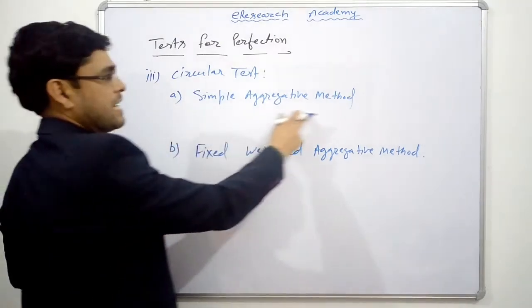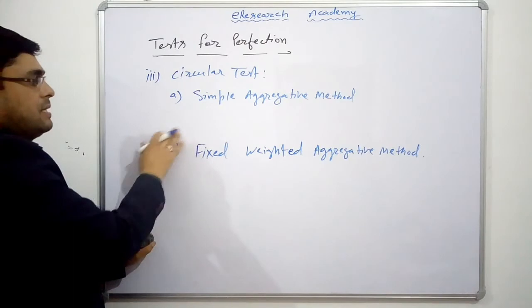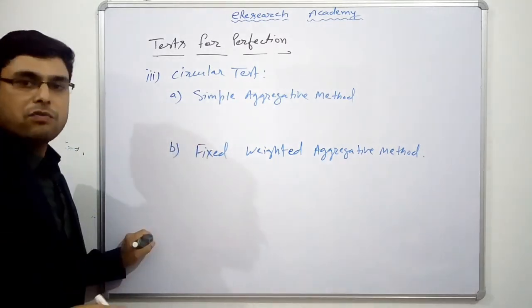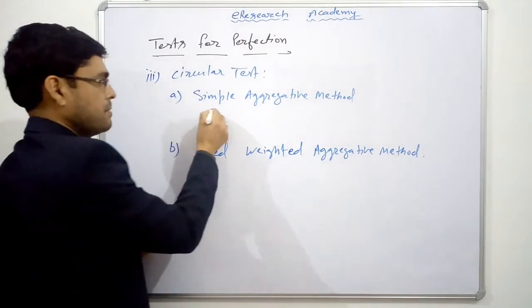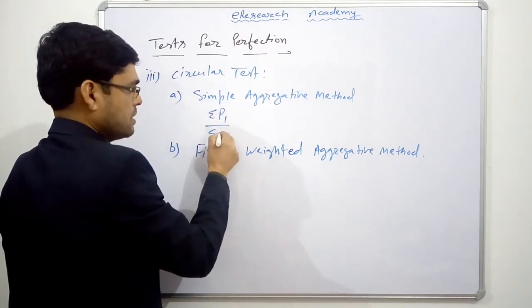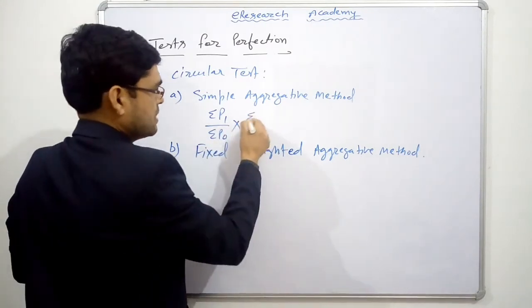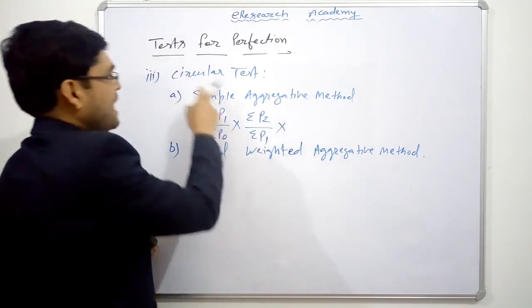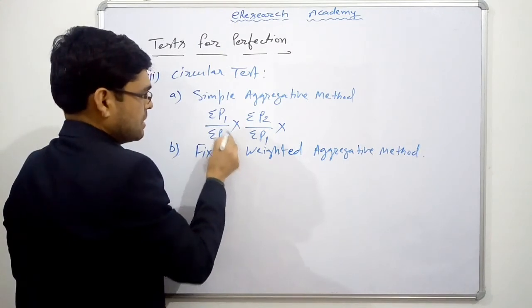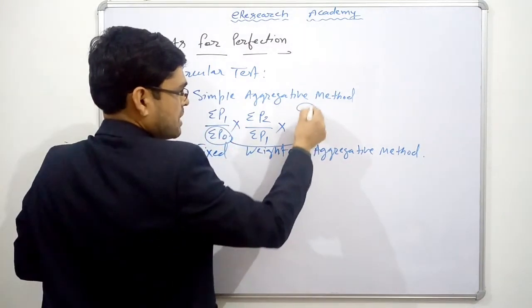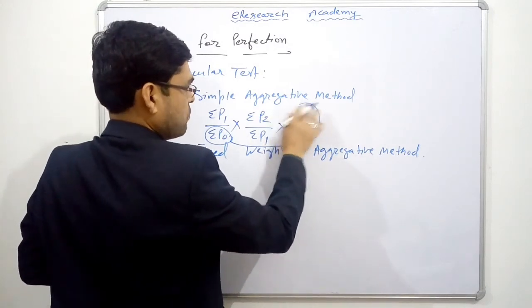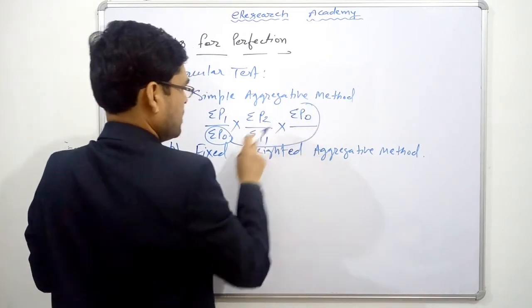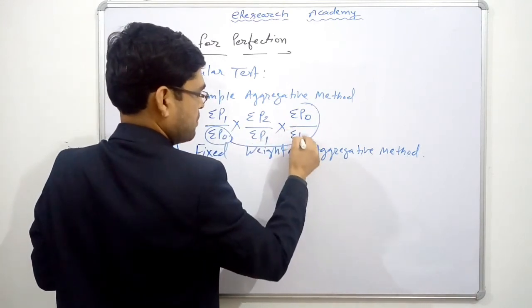If we talk about the simple aggregative method, the formula for testing the appropriateness of the methodology is sigma P1 upon sigma P0 into sigma P2 upon sigma P1 into, as it is a circular test, P01 goes here for the third or fourth year, so it becomes sigma P0 upon sigma P2.